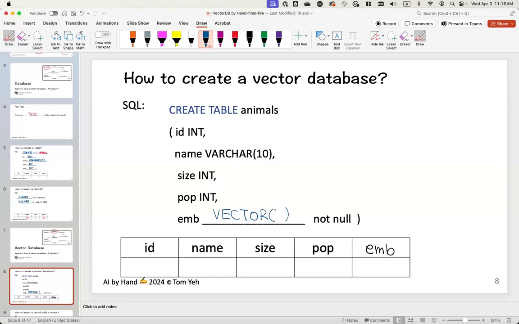In this case, suppose I say 3. Then it will create storage for exactly 3 numbers, which is a vector, under this column. So that's how we create a vector database: by adding a new property, which is a vector of a particular length that you specify, in this case 3.